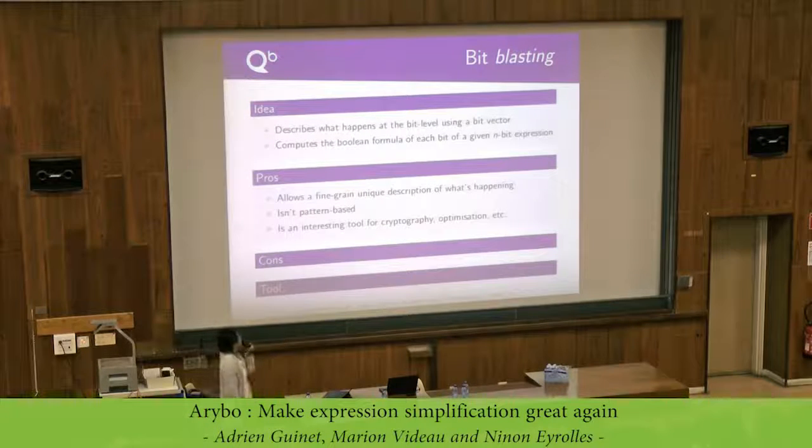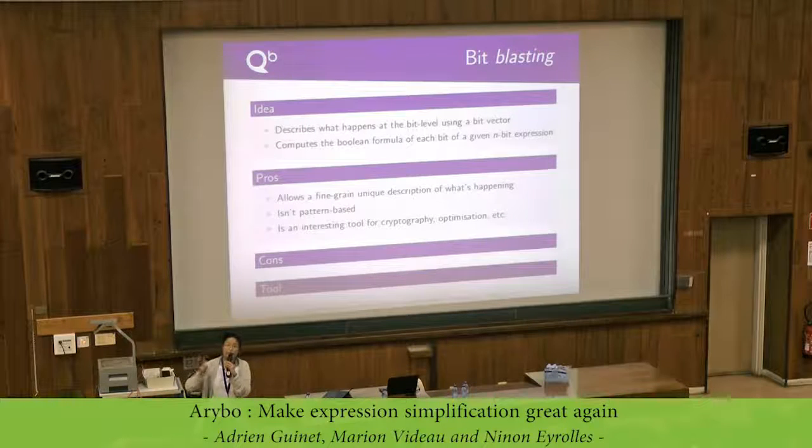So of course, as it's at the bit level, you have a fine-grained understanding of what's happening. And one of the magics of this representation is that it's canonical, which means that if two expressions written this way are the same, you are sure they are equivalent.